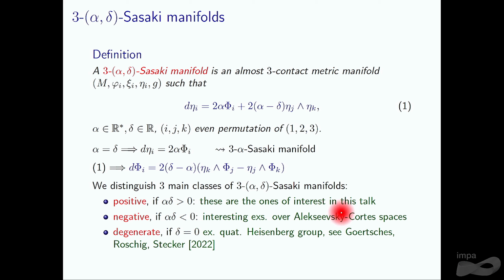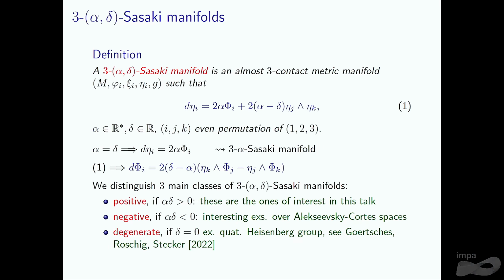Negative corresponds to alpha times delta being negative. Okay? And there, for example, if we classify the homogeneous case, the positive case is basically what you suspect. It's all homogeneous manifolds which you get as homogeneous fibrations over positive scalar curvature quaternionic Kähler manifolds.